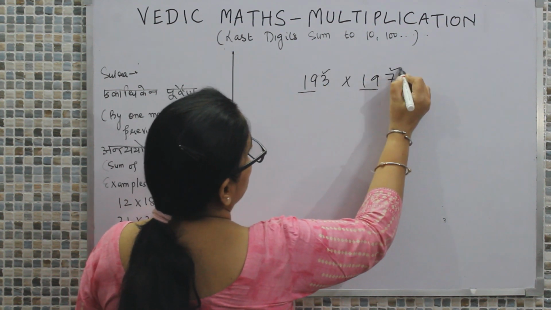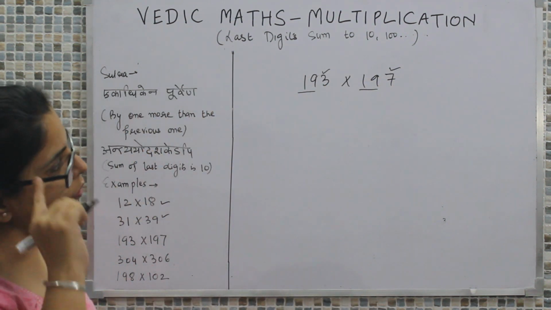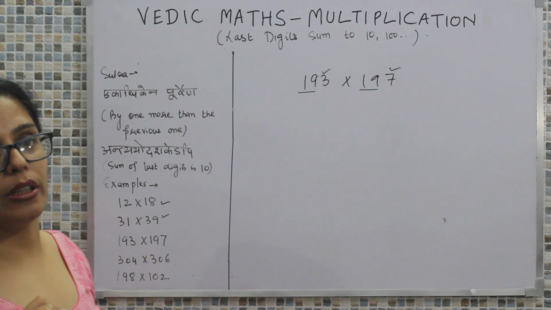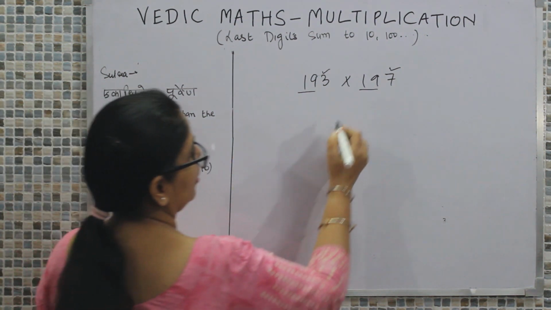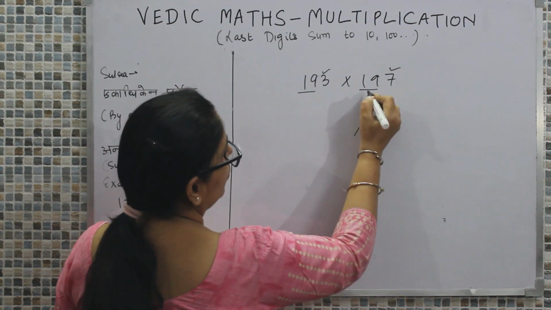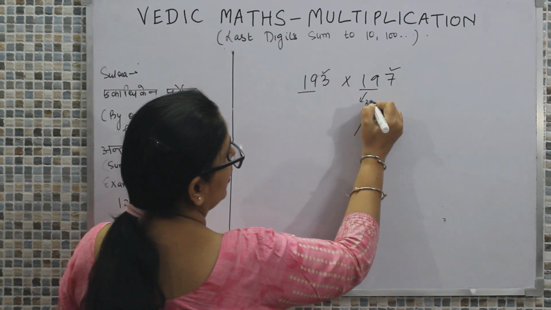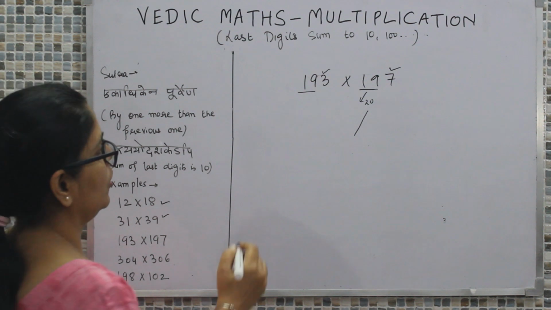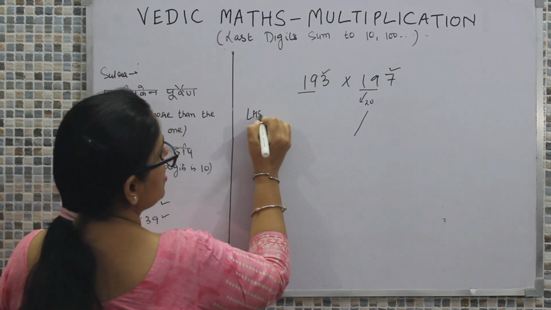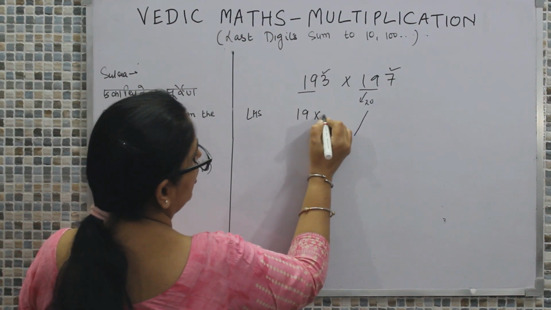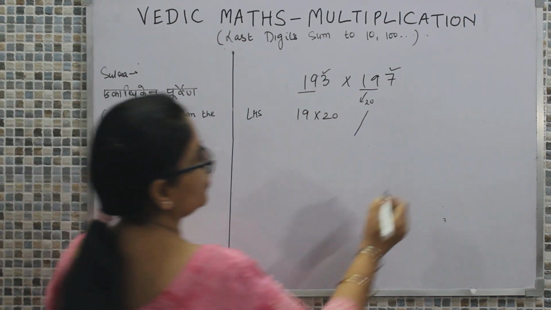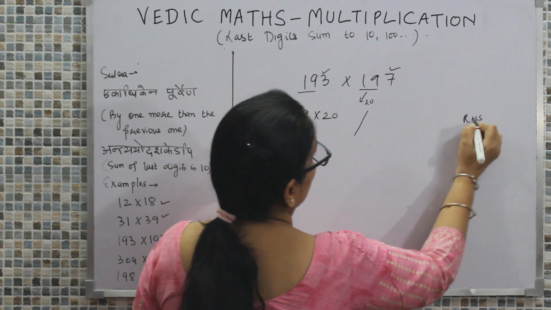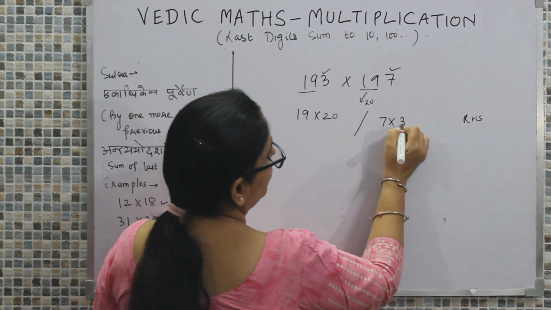The last digits should sum up to 10. So we have 3 plus 7 is equal to 10. Now using the sutra, Ekadhikena Purvena, exceed 19 by 1, so that will be 20. For computing the LHS, we have 19 into 20, and the RHS will be 7 into 3.